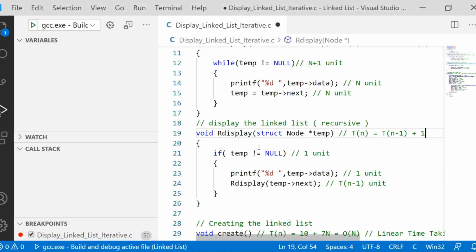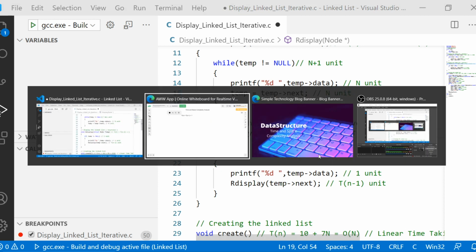If the condition becomes false, when will that happen? When there is no other node available. When there is no node available, the condition will stop. When the condition is failing, temp not equal to null will still be checked, but you will not enter inside. So when there is no node left to be printed, only the checking process takes 1 unit of time.